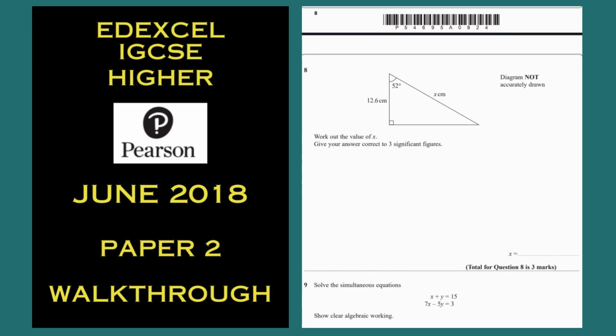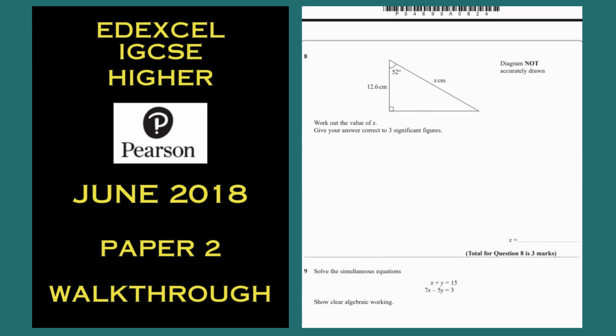Number 8, as bog standard a SOHCAHTOA question as you're ever going to get. So as always, get your labels. We want the hypotenuse. The adjacent is useful. The opposite is useless. So this is a HA question. We want the hypotenuse.